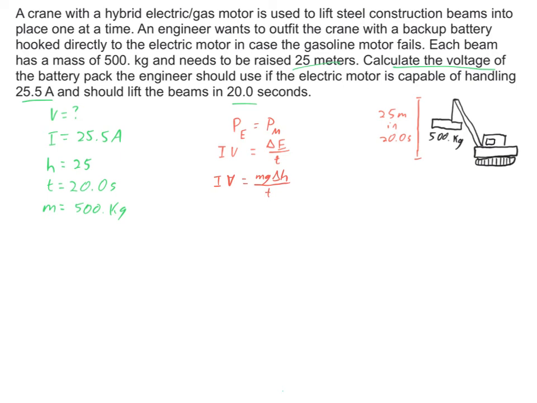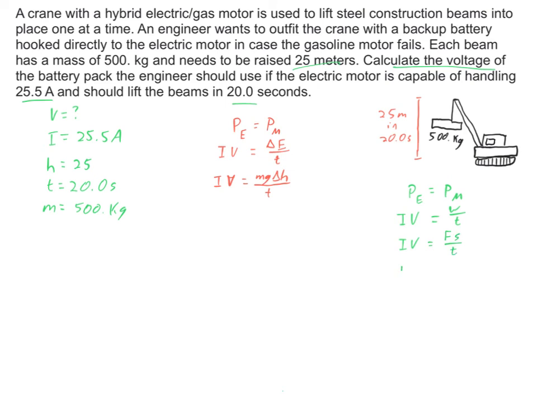Just to point out that it would have worked out to be the exact same thing if we had looked at it through the eyes of work. Let me quickly sketch down the same idea: power, IV for electrical, and what if we did work divided by time? Well, this time we don't know the work. Instead, we know things like height, time, and mass. So we would need to break work down into force times displacement divided by time.